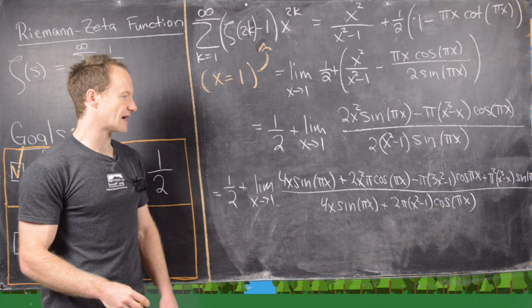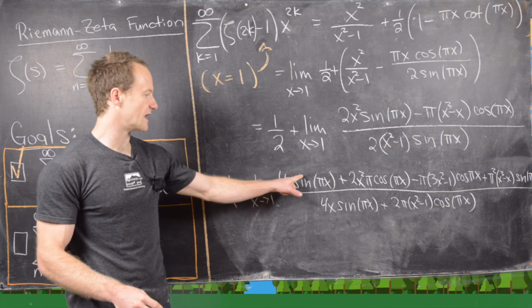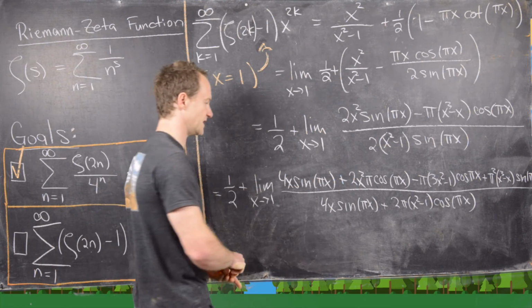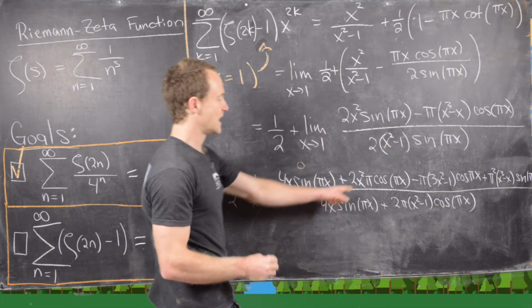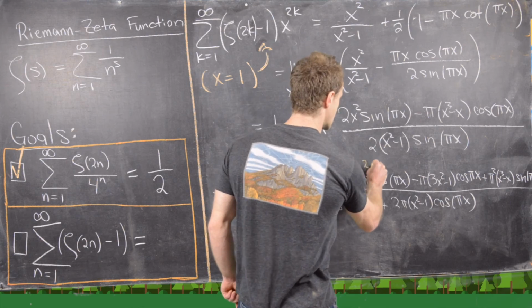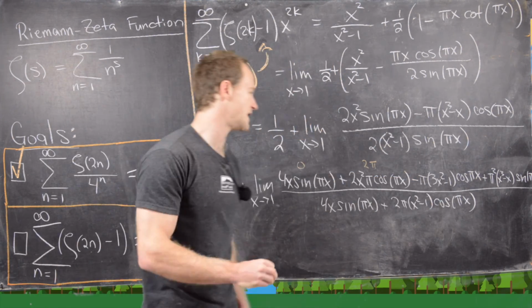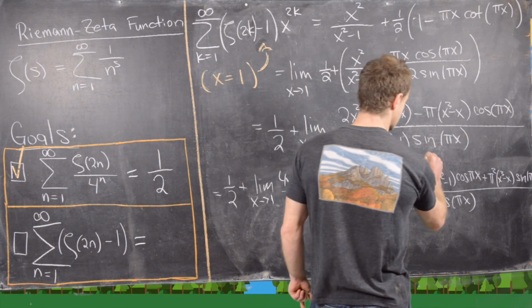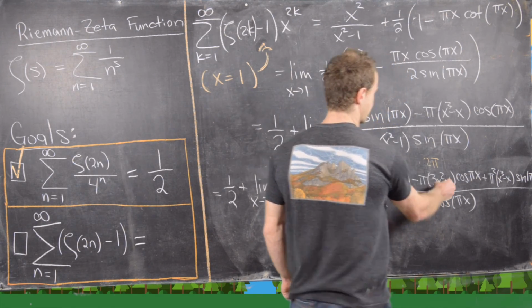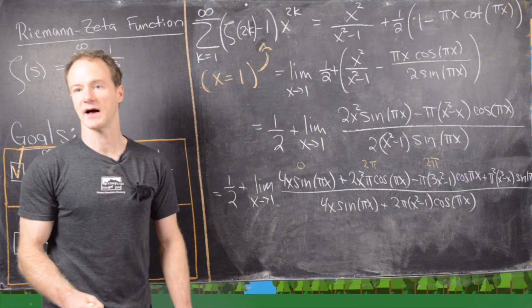So if we plug in x equals 1, here we will get 0. So let's see, this term is 0. Here we're going to get 2 times pi. And then x equals 1 here is another 2 times pi. So notice we'll get 3 minus 1 times pi. Good.